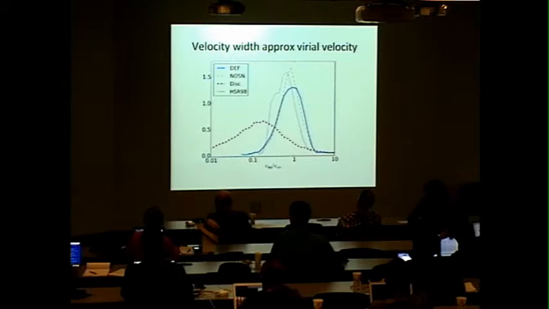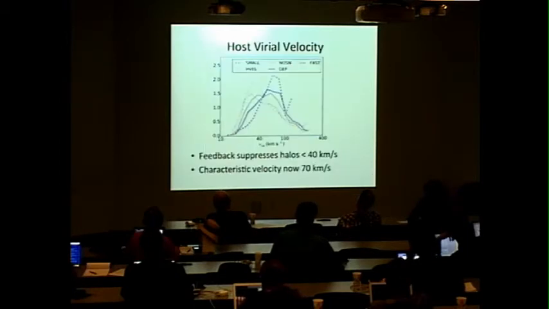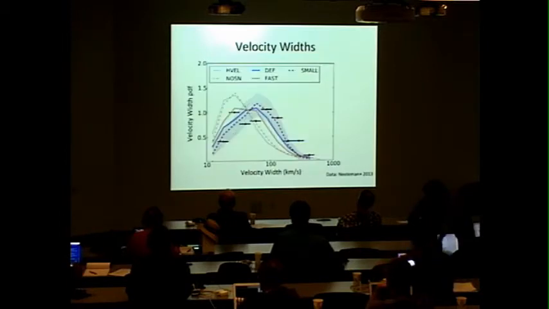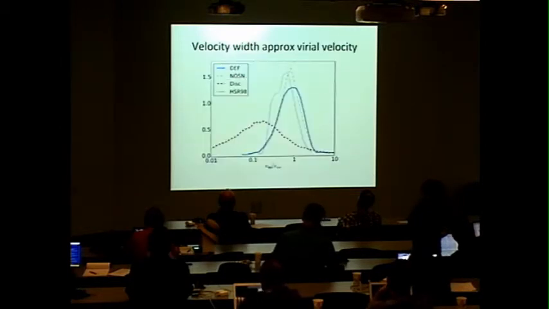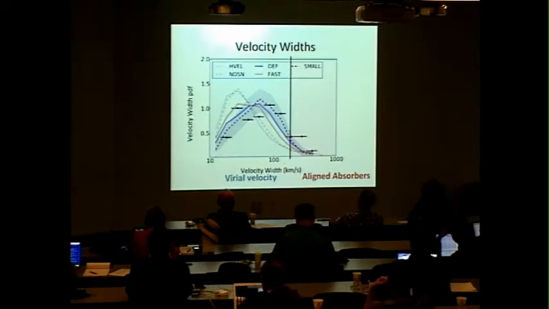One other thing you might have noticed in these two plots is that this one stops at about 200 kilometers per second. This one does not. This one has some spectra with maybe 400, 500 kilometers per second in it. How does this happen? It's very strange to have halos that have velocity width significantly greater than the virial velocity. The answer is that while up here you get DLA spectra that trace the virial velocity, down here you tend to get two absorbers aligned along the line of sight.